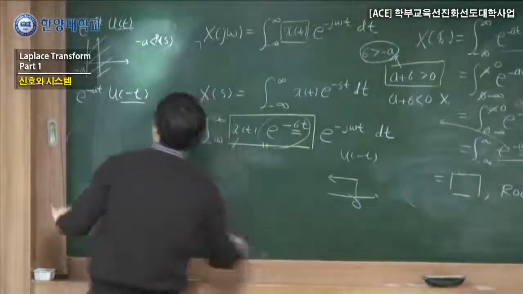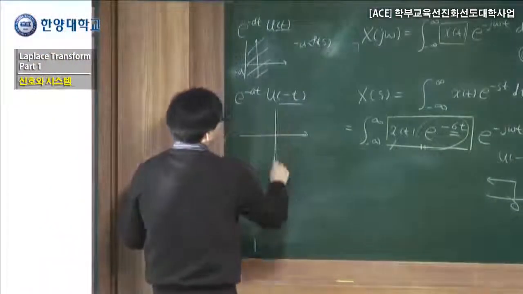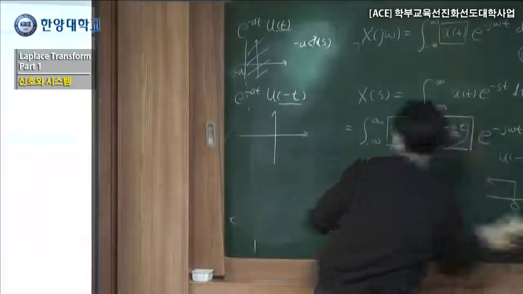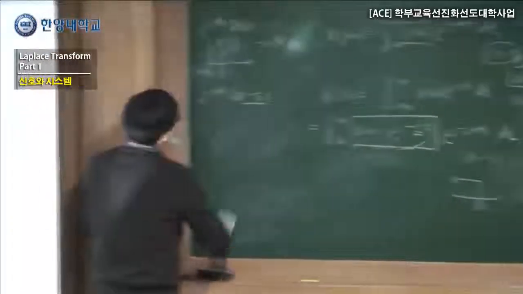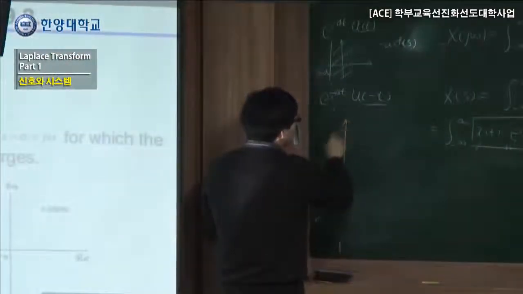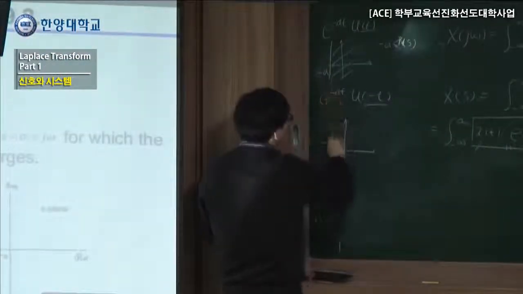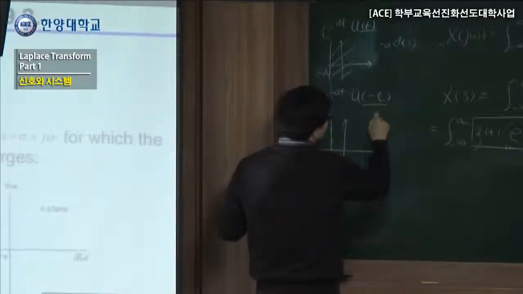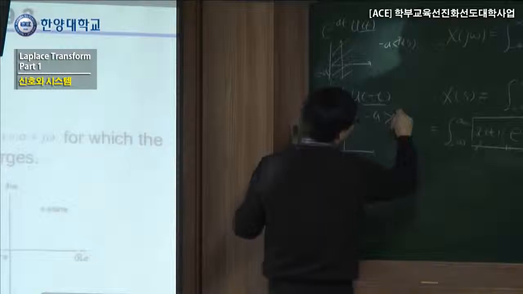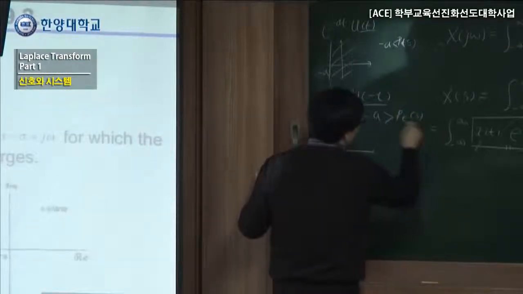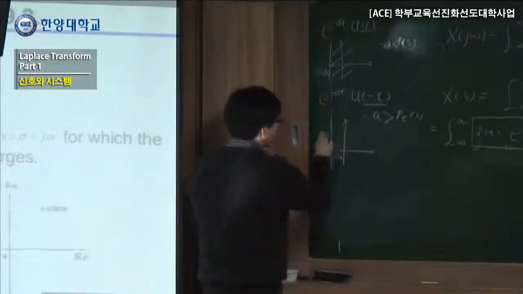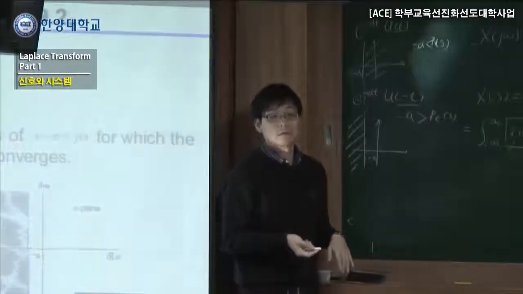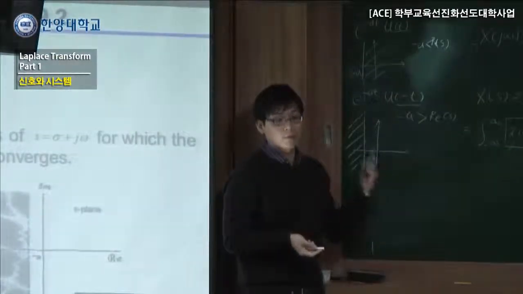So if you want to do that, the region of convergence, assuming that this minus a is the same value as over here, it should be smaller than those a, minus a. So they will be like this. Can you see the difference?